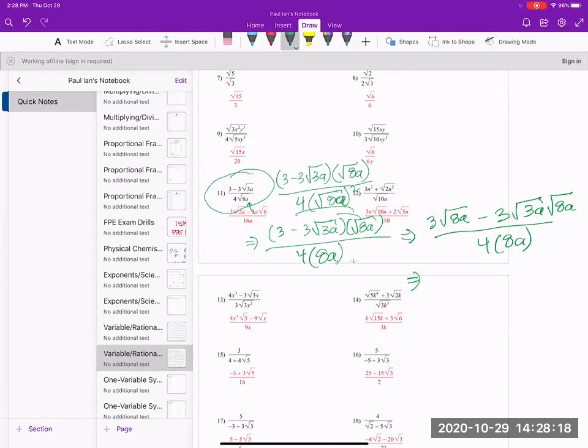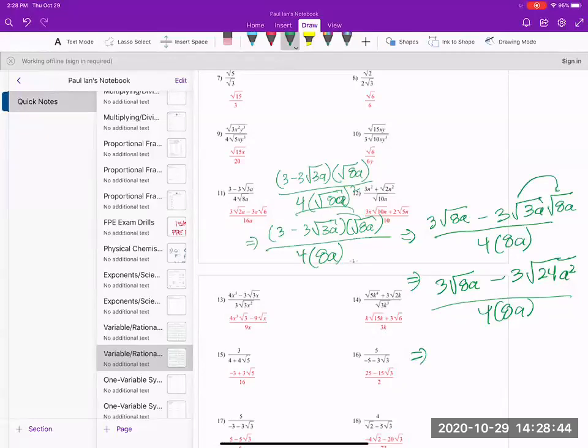So what can we do? Let's see. This right here can be combined, right? Just see what they did. So 3 root 8a minus 3 root 24 a squared. There's an a squared here. So 4 8a.